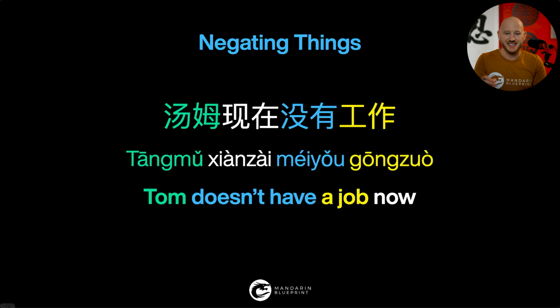By adding 现在, 汤姆现在没有工作, it wouldn't make sense for it to mean didn't work as a verb. It must mean he doesn't have a job right now, because it would be a time-based contradiction the other way. 现在 means now, and 没有 would mean didn't in the past if it were the verb form. So it must mean doesn't have in this instance.